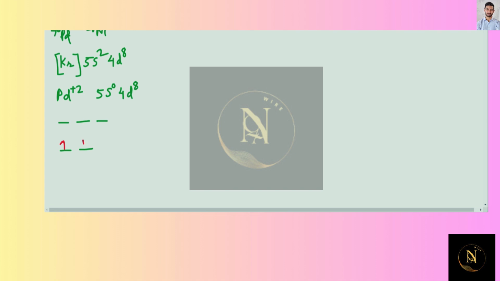1, 2, 3, 4, 5, 6, 7, and 8. One thing we have to understand is that one d orbital is vacant and this electron is shifted here for pairing of electrons.